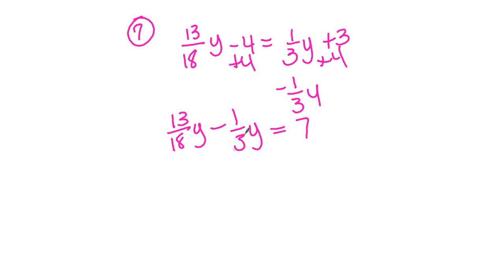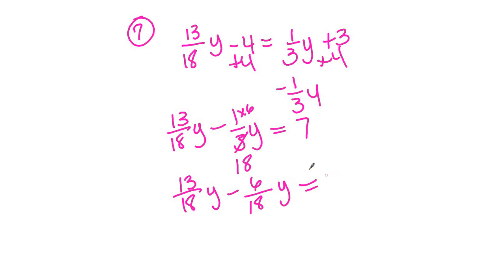So in order for me to combine these, I do need to have a common denominator. So 3 times 6 gave me 18. So 1 times 6. So I have 13 over 18y minus 6 over 18y is equal to 7. 13 minus 6 gives me 7 over 18y.